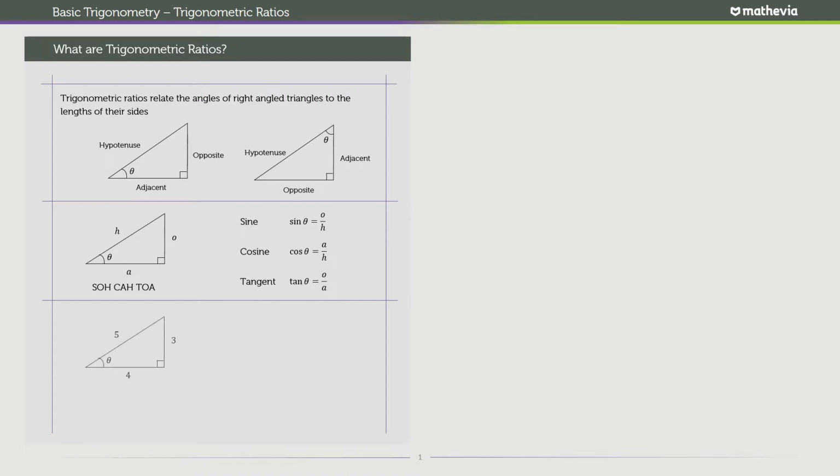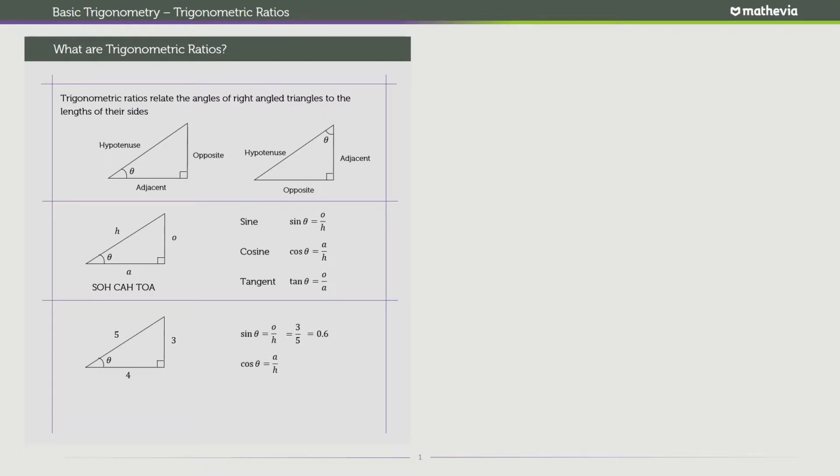Now I have this triangle here, and I'm going to identify the sine, the cosine, and the tangent of the angle theta. The sine of theta equals the opposite divided by the hypotenuse, and in this case we have 3 over 5, which gives us 0.6.